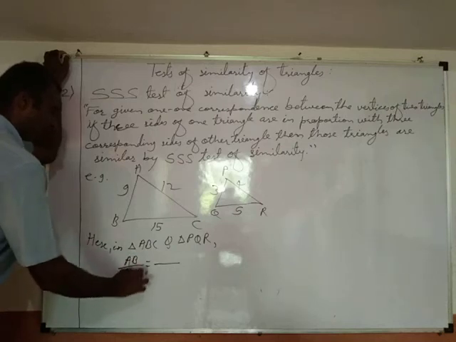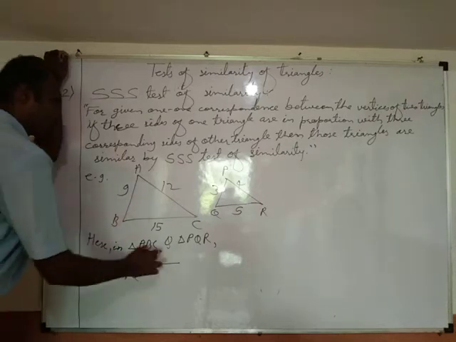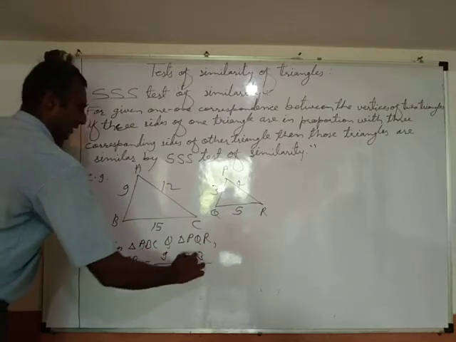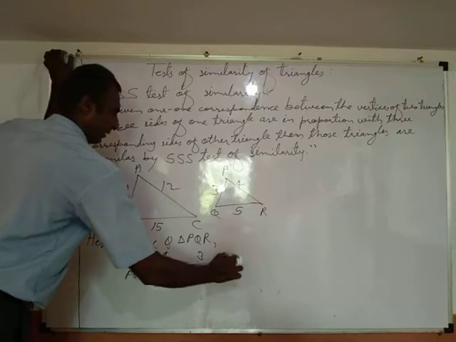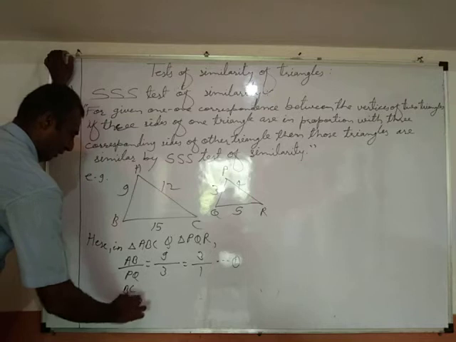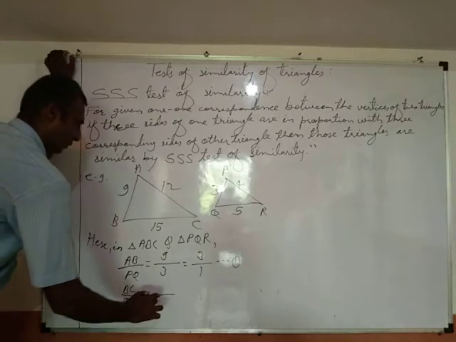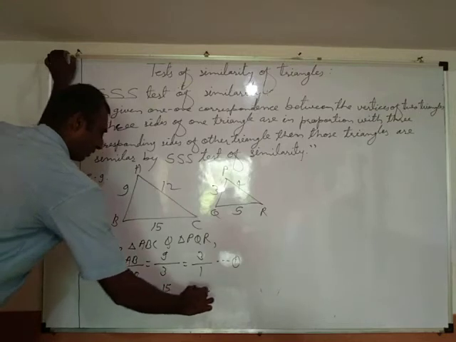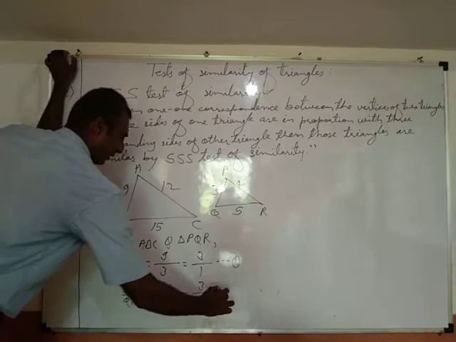AB upon PQ. AB is 9, PQ is 3. 3 1s are 3, 3 3s are 9. Equation first. BC upon QR equals BC, which is 15, QR is 5. Again 5 1s are 5, 5 3s are 15.